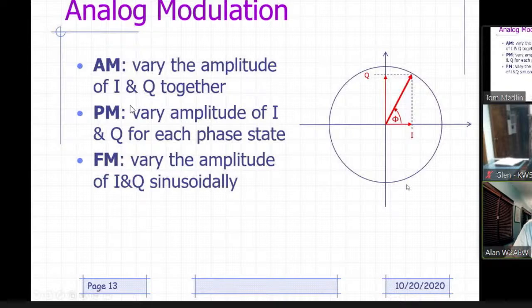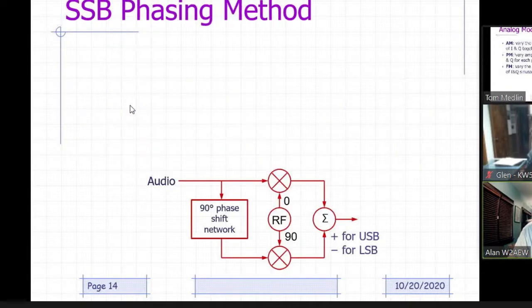If you rotated that vector around, by varying I and Q appropriately, say once a second, that would represent a 1 hertz frequency shift. If you rotate once a second in the other direction, that's a 1 hertz frequency shift in the other direction. So FM is really represented by sinusoidal variations of I and Q that have the effect of rotating that vector around the polar diagram.